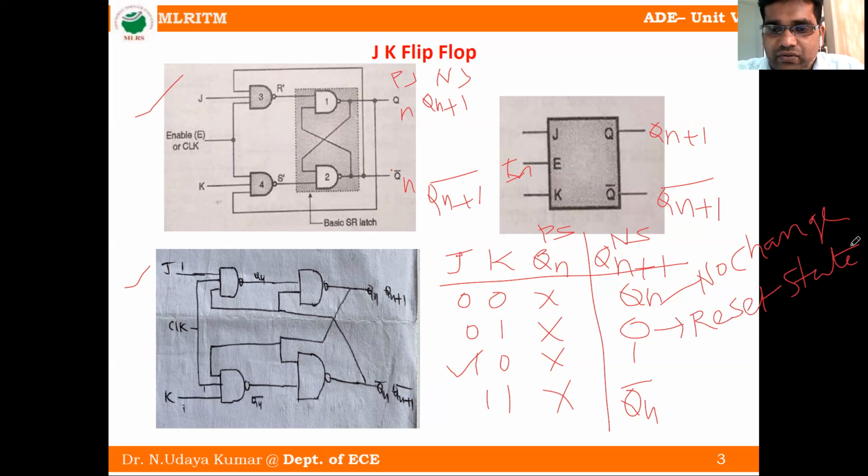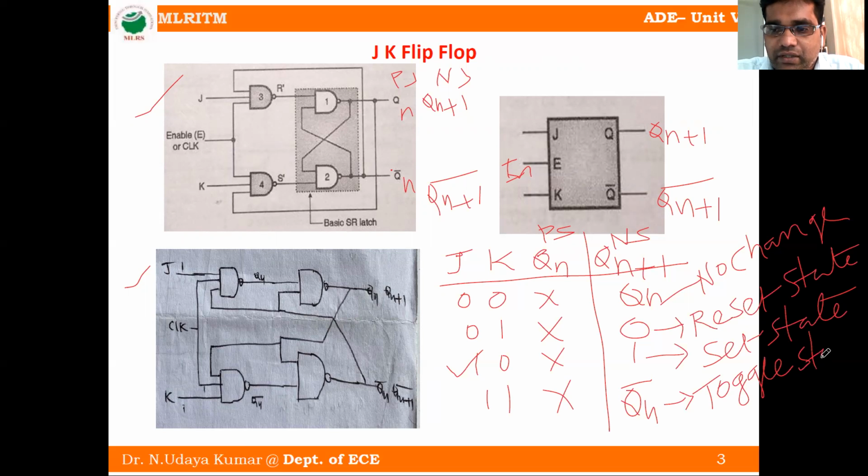Next 1, 0: the next state is 1, which is the set state. And 1, 1 means we got Qn bar, that is the complement of the present state. So this state we call the toggle state.